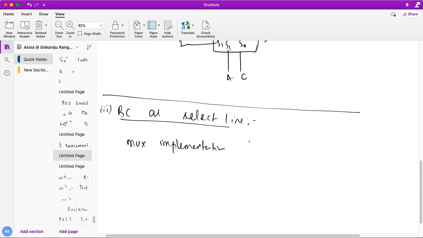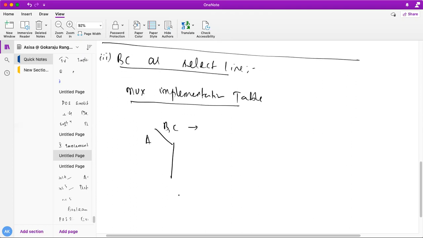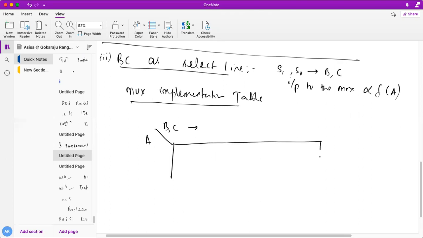As I told, whatever the select line will be, in the mux implementation table BC will come in the horizontal way, and the remaining variable A will come in the vertical way. So if BC is the select line, obviously S1 and S0 will be connected to B and C, and the remaining inputs to the mux will be the function of the remaining variable A. This will be found from the mux implementation table. Do you all understand? So very simple.